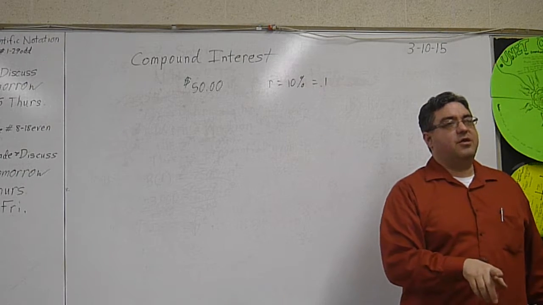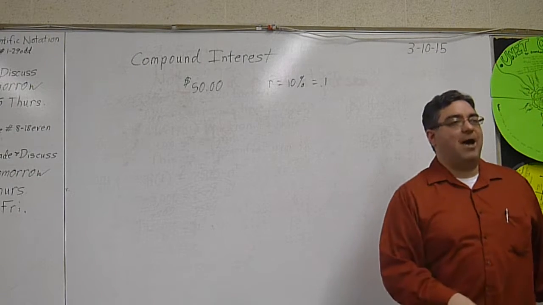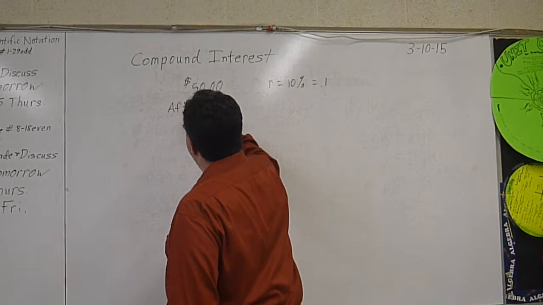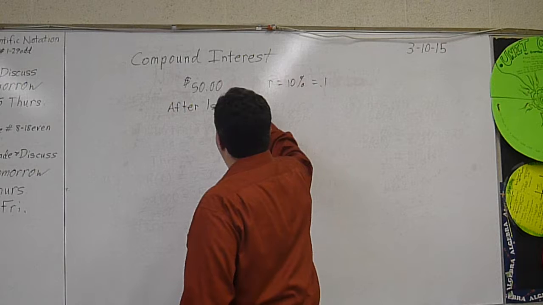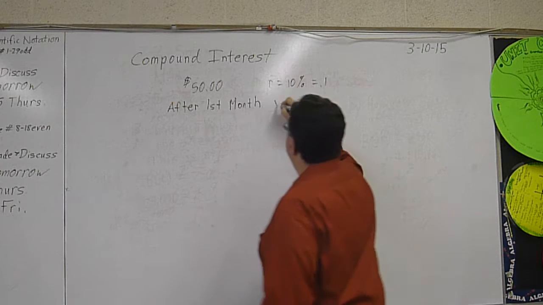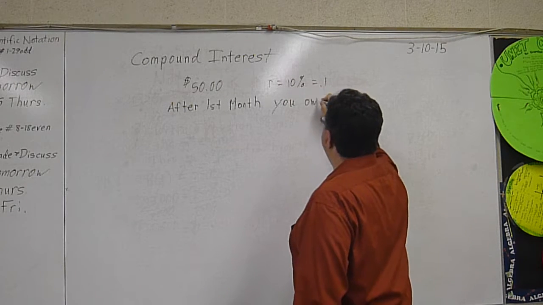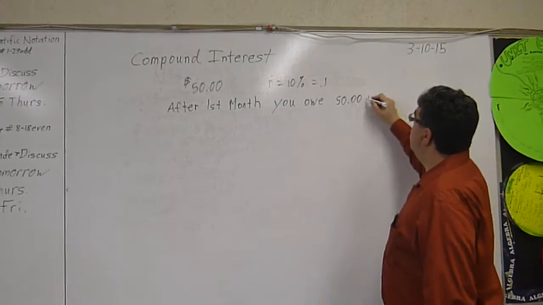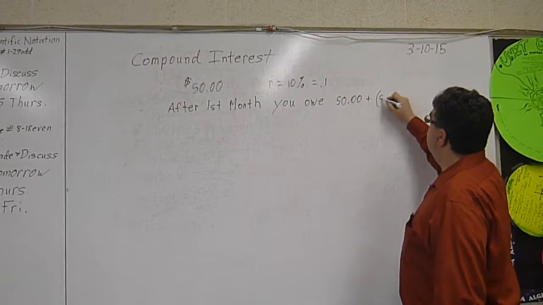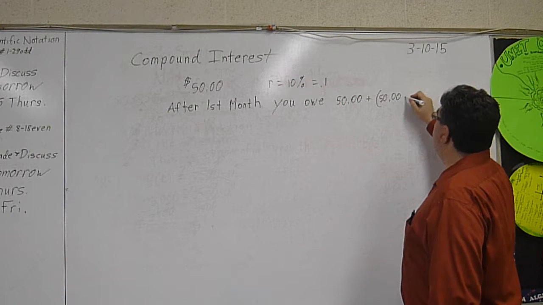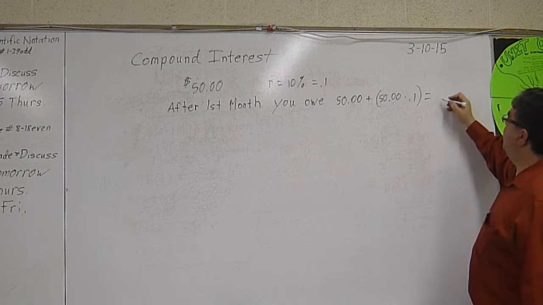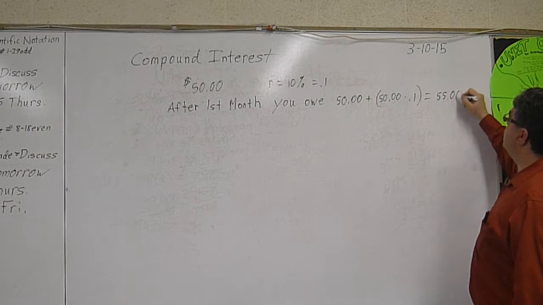Every month, the interest is compounded. So after month 1, you owe $50 plus $50 times 0.1, which is 5, so you owe $55.